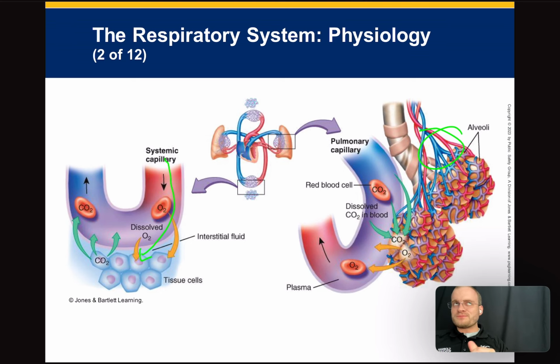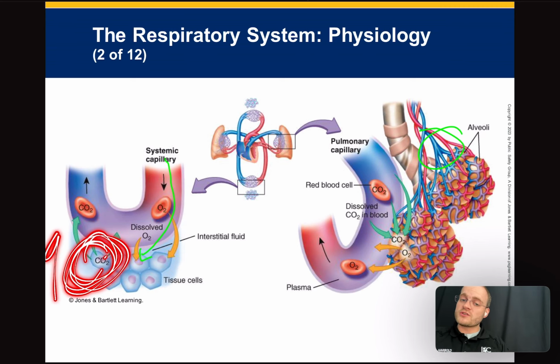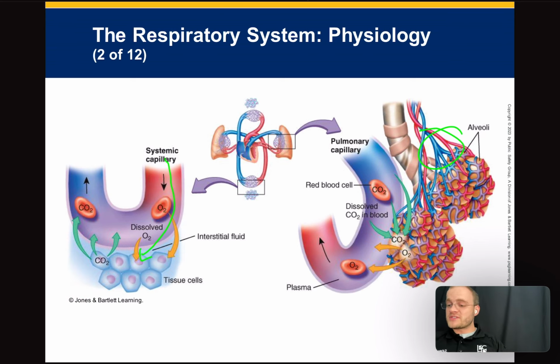It's better to say that it's bound to red blood cells at the hemoglobin, but sure, dissolved into the cells. Why is that? Because of diffusion. What does diffusion say? An area of high concentration to low concentration. Well, in the blood, we have a high concentration of oxygen compared to these cells, which have a low concentration of oxygen. So you end up dropping off your oxygen from high concentration to low concentration, and the CO2 is building up and the concentration is increasing, so you end up picking up CO2.